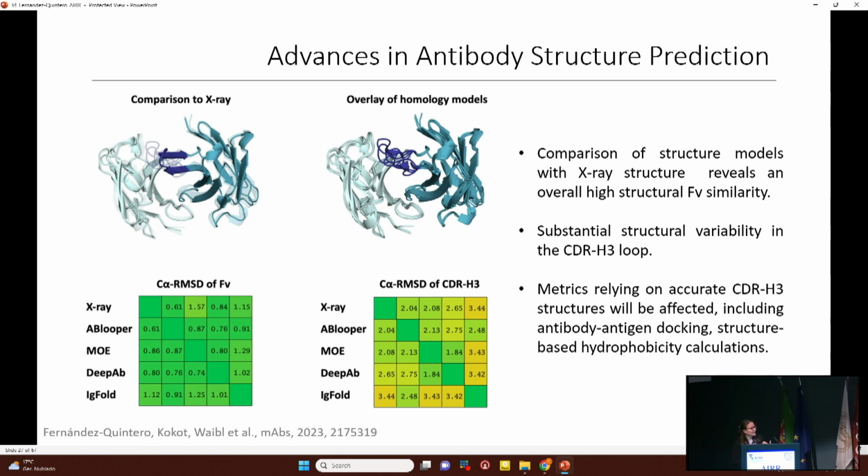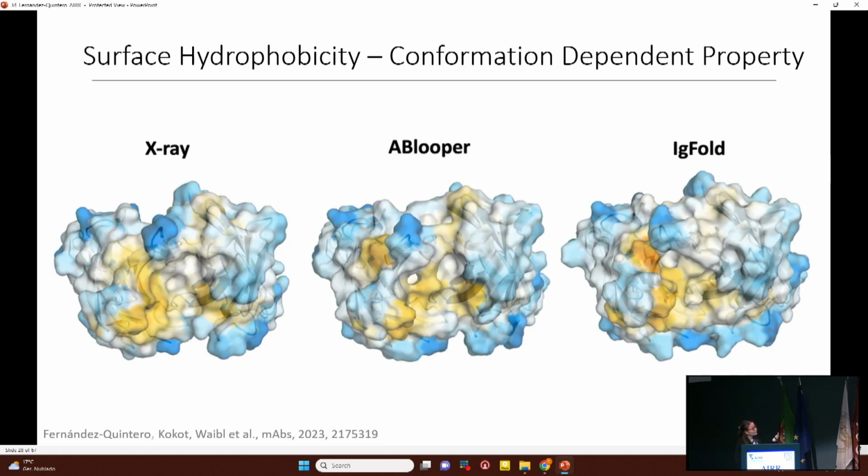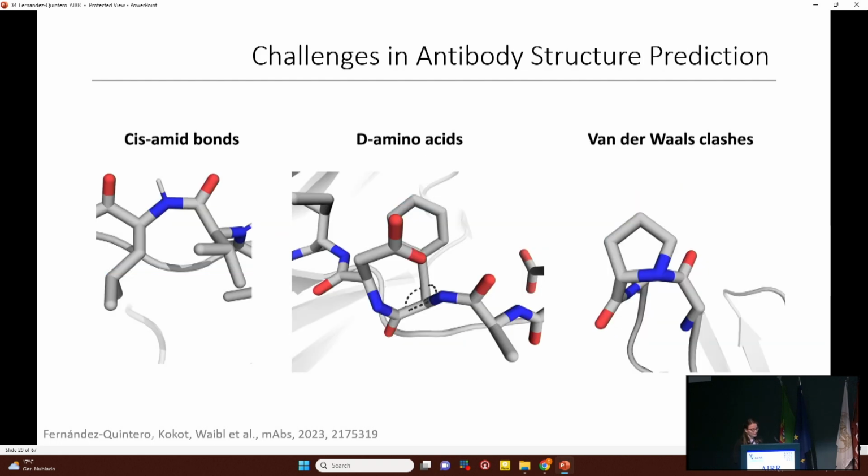However, not having the right CDRH3 loop structure has, of course, an effect on, for example, surface properties, such as hydrophobicity, which is a strongly conformation-dependent biophysical property. And also there, what we have seen is that averaging, for example, ensemble properties, enhances substantially the accuracy of the actual prediction. Another critical aspect is we have found in some of those structures substantial physical inaccuracies.